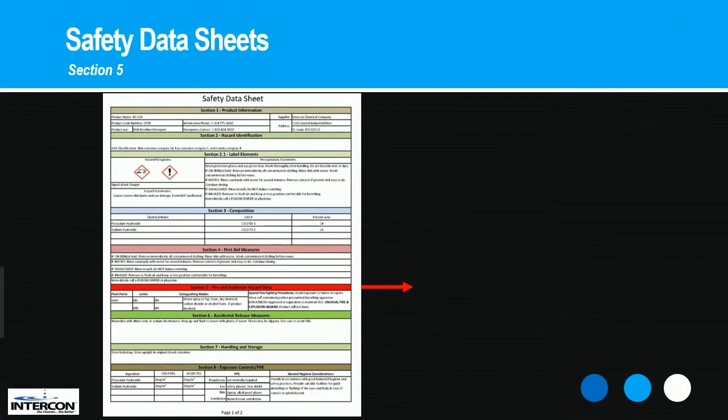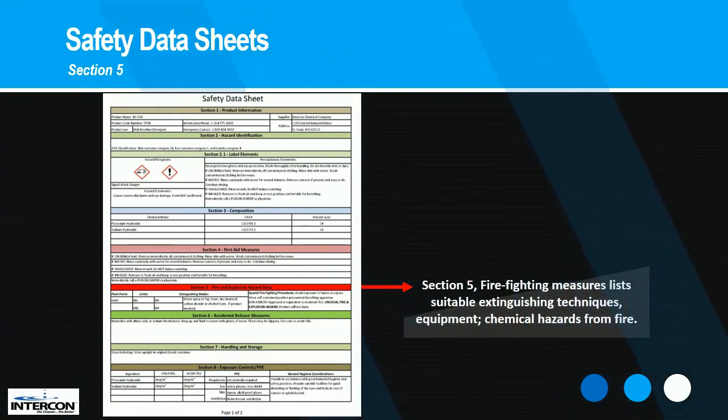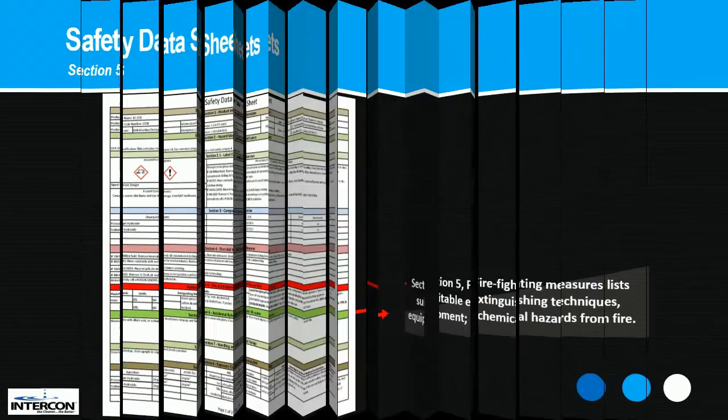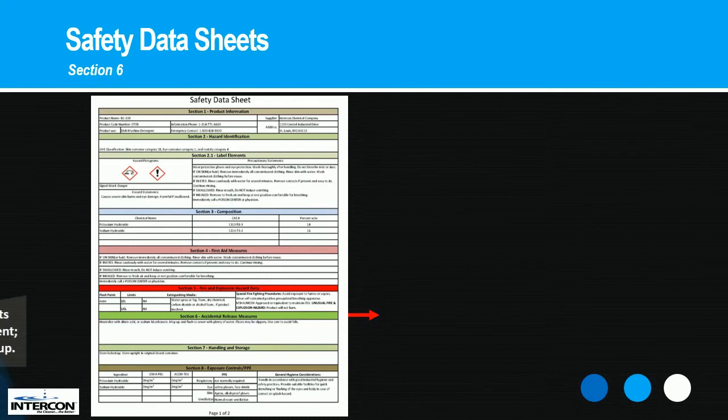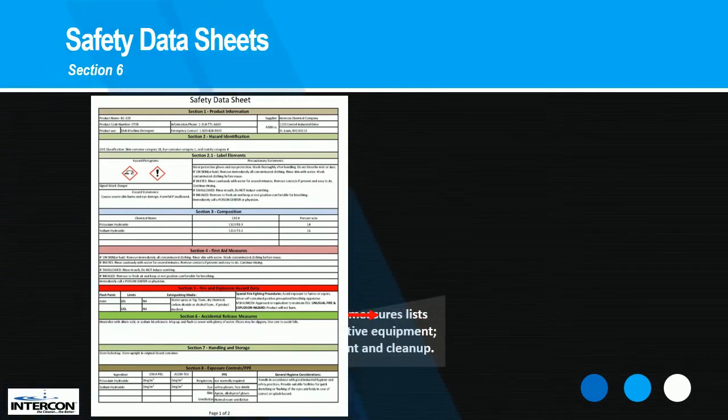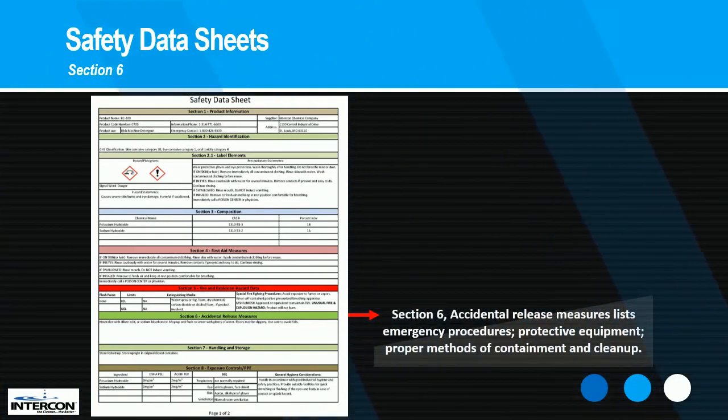Section 5. Firefighting measures lists suitable extinguishing techniques, equipment, chemical hazards from fire. Section 6. Accidental release measures lists emergency procedures, protective equipment, proper methods of containment and cleanup.